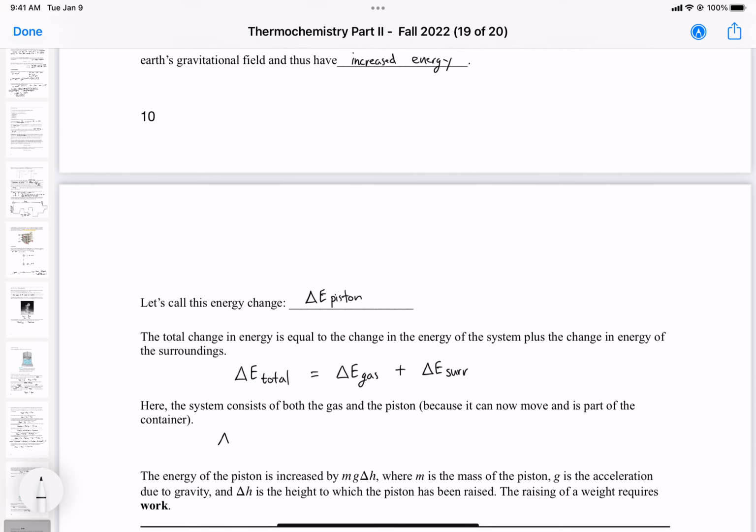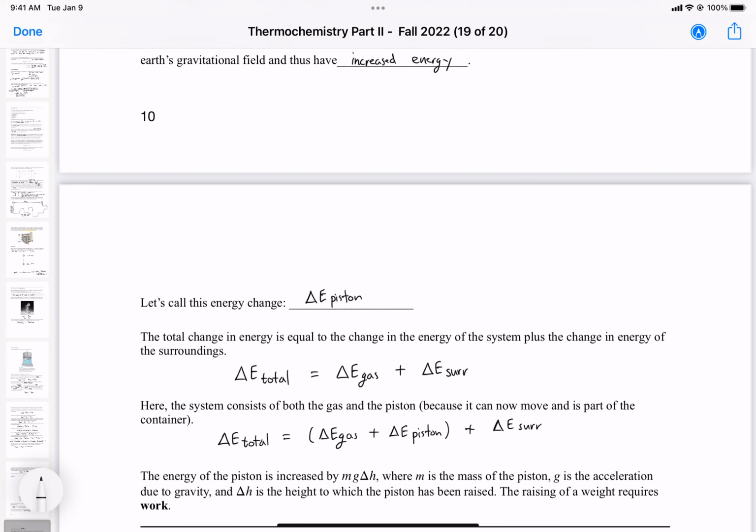So delta E total equals, so this will be our system here, delta E gas plus delta E of the piston plus delta E surroundings.